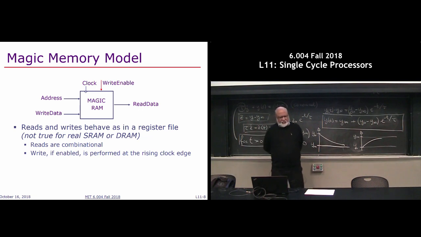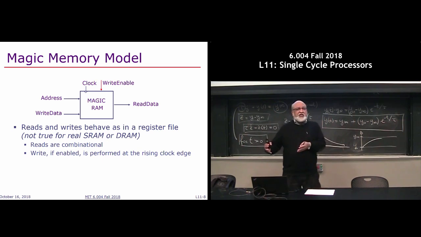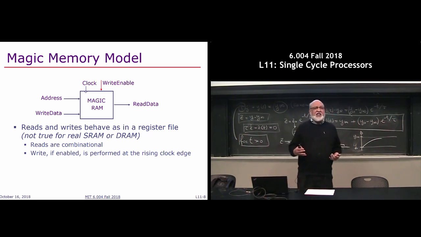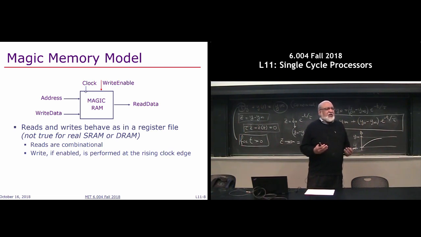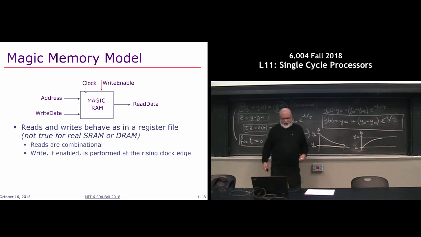And write, if enabled, is performed at the beginning of the clock edge. This is exactly how a register file behaves. So at the level of programming, at the level of design, it may be a different beast altogether, this magic memory, because it's going to be much, much bigger than a register file. But for us, it behaves more or less exactly like a register file. All right?